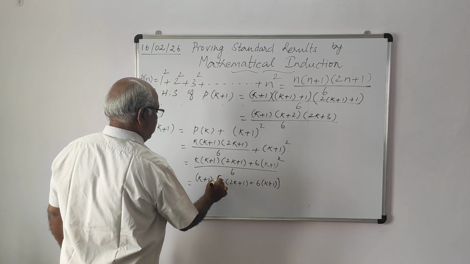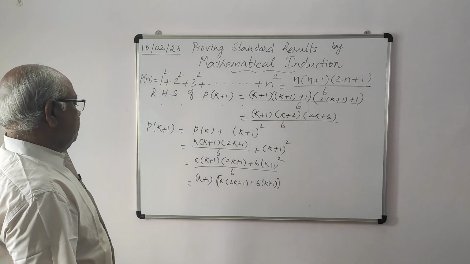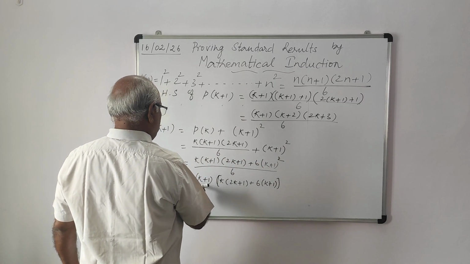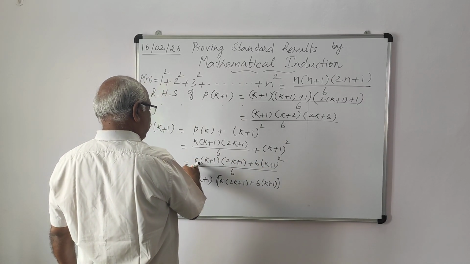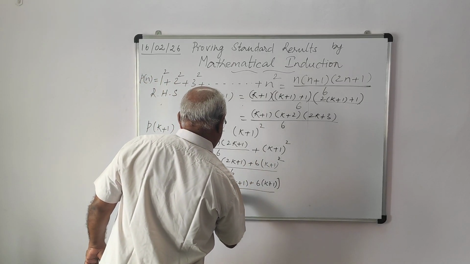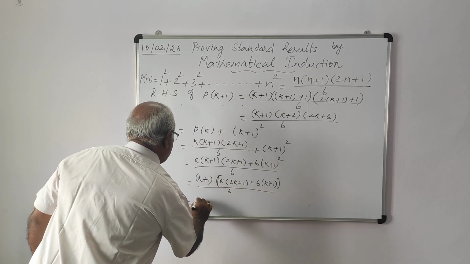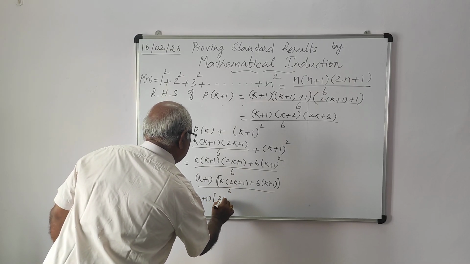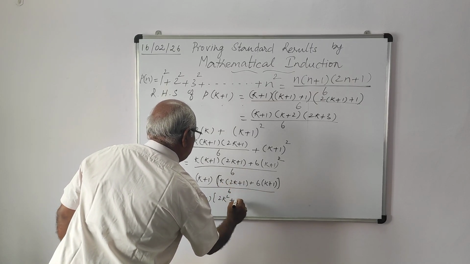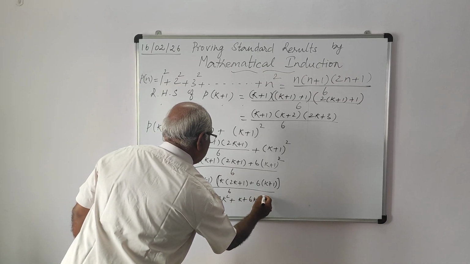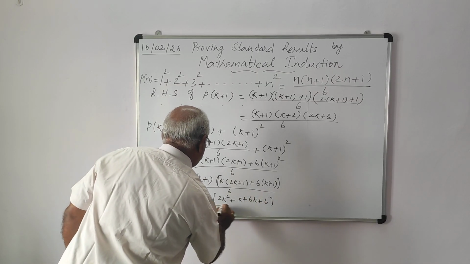If you take k plus 1 in these two terms as a common term, you will get k plus 1 into k into 2k plus 1 plus 6 into k plus 1, by 6. That is equal to k plus 1 into 2k square plus k plus 6k plus 6, the whole divided by 6.